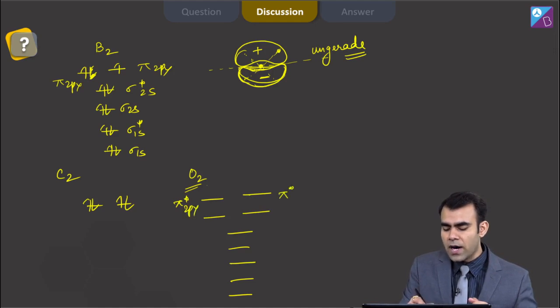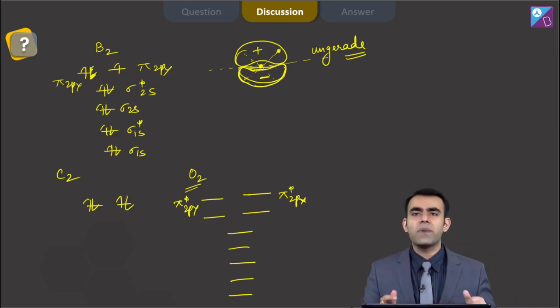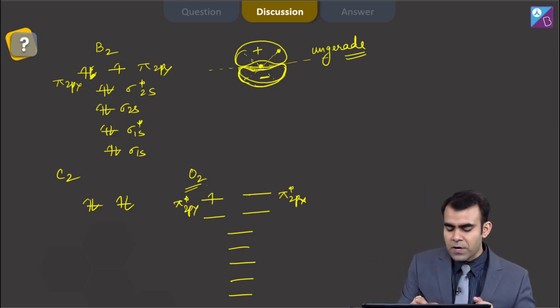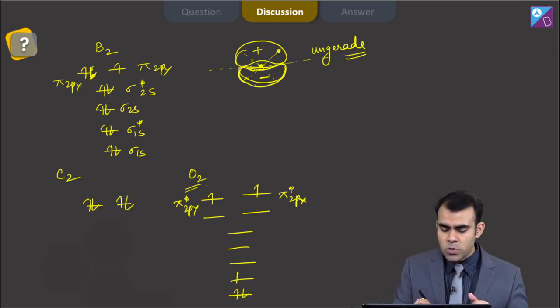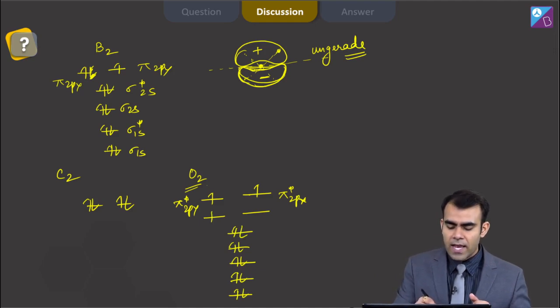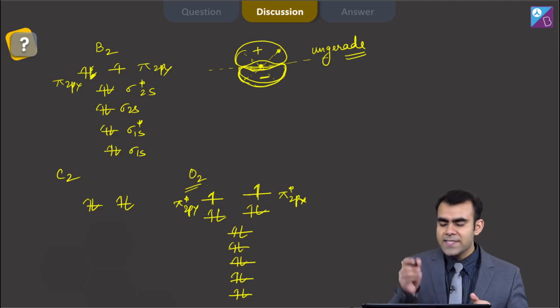So these are the HOMO of my O2, because we know here 1 electron is present, because in O2 we have total 16 electrons, 2 here, 2 here, 2 here, 2, this is 10, 11, 12, 13, 14, finally 15 and 16. So this is pi antibonding.